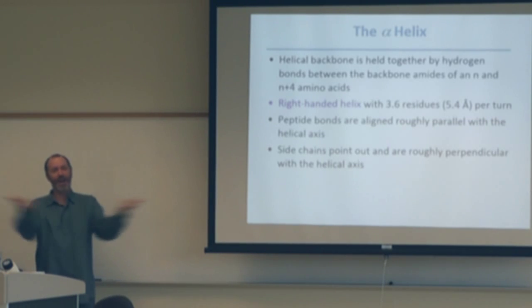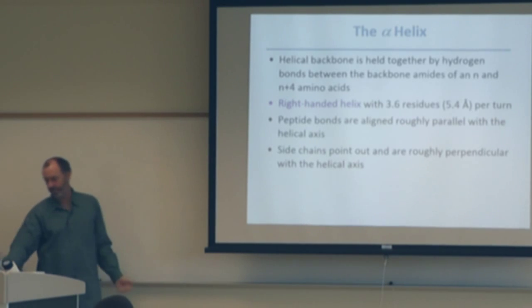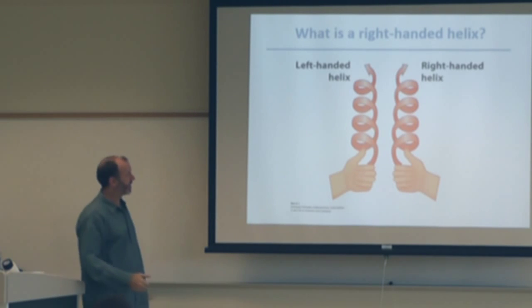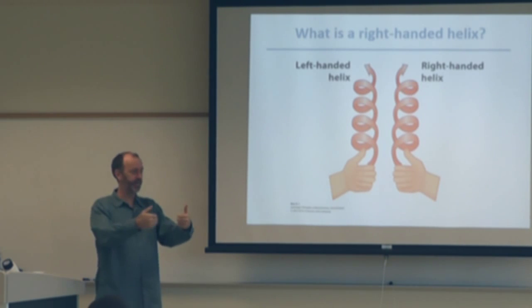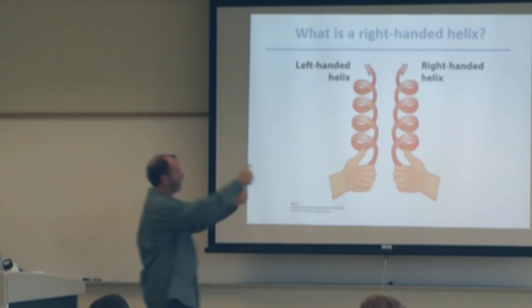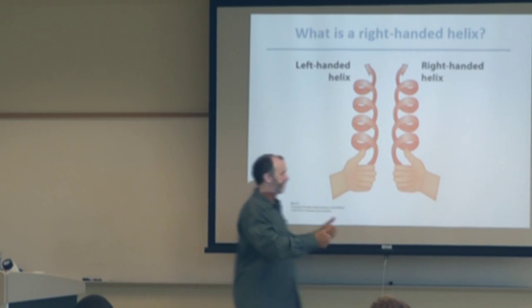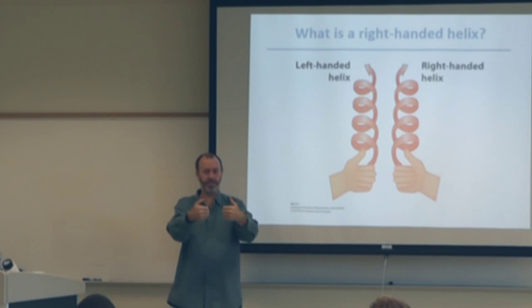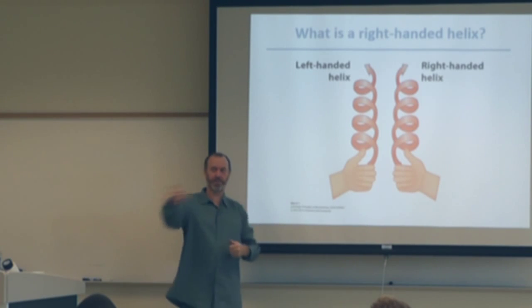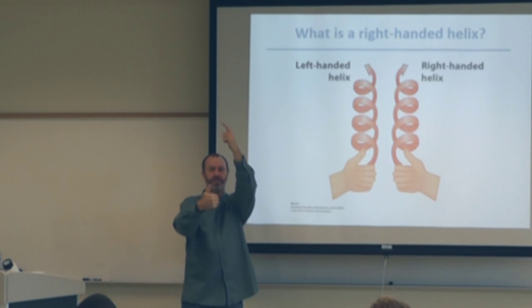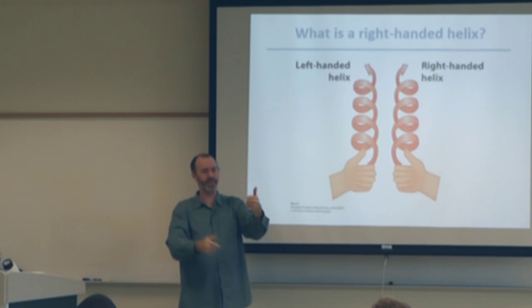Side chains point out away from the helix. You can tell if it's a left-handed or right-handed helix: the sequence goes from N to C in an upward direction, so the carboxy terminus would be up top. If it's a right hand, it's going like this with the C terminus up top, left hand like this.